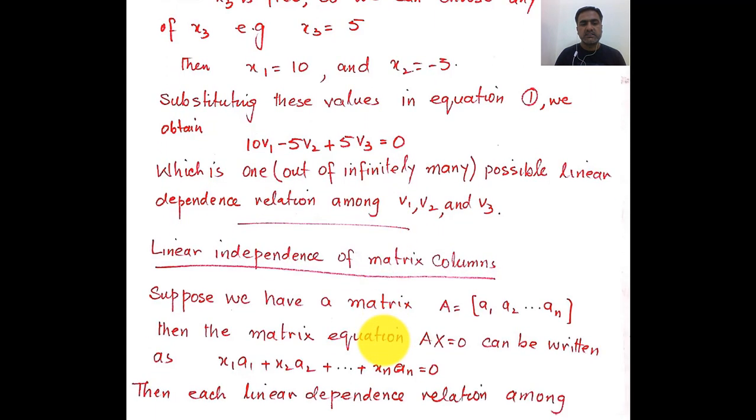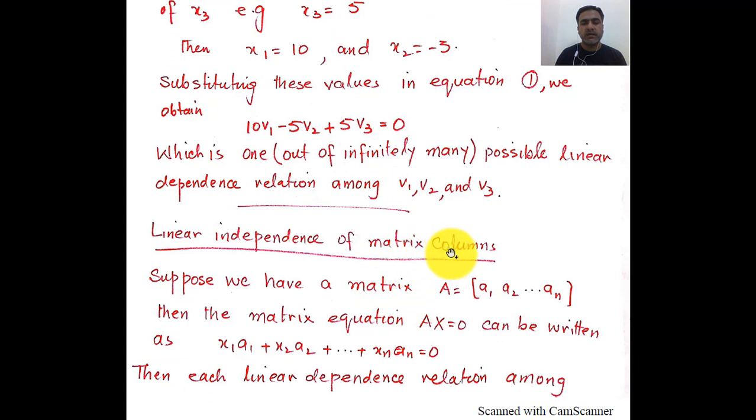Now we discuss the linear independence of the columns of a matrix. So suppose we have a matrix A with columns a1, a2 up to an. Then the matrix equation Ax equal to 0 can equivalently be written as the vector equation x1 a1 plus x2 a2 and so on plus xn an equals 0.